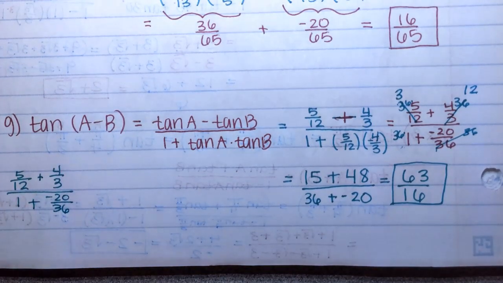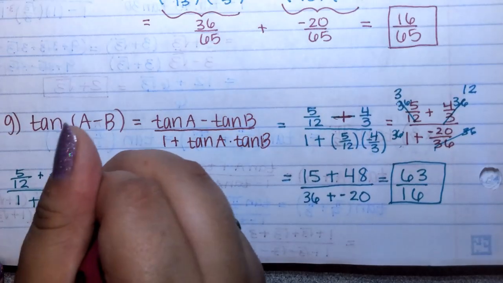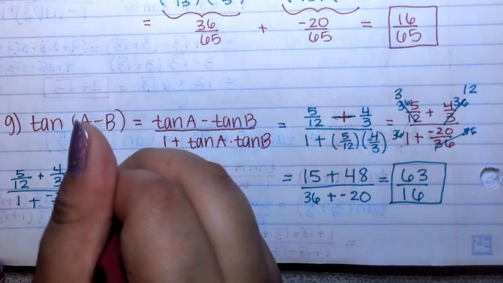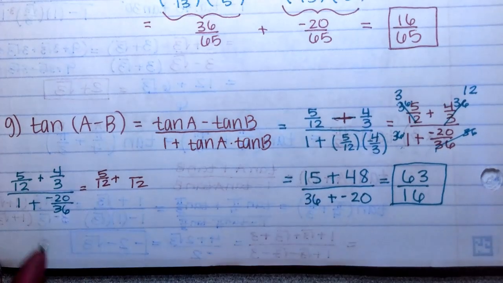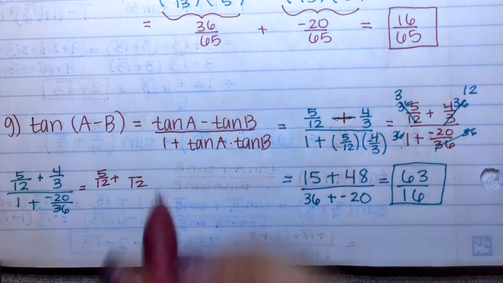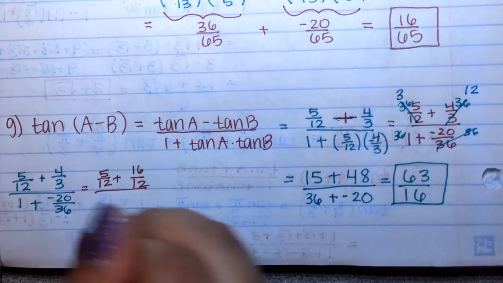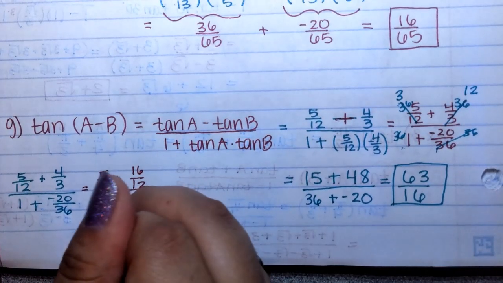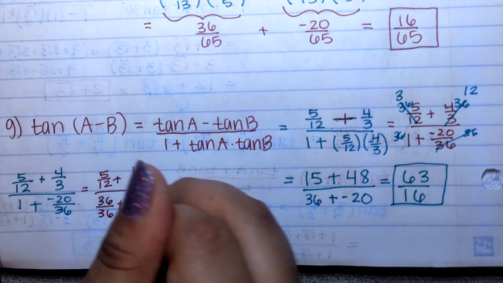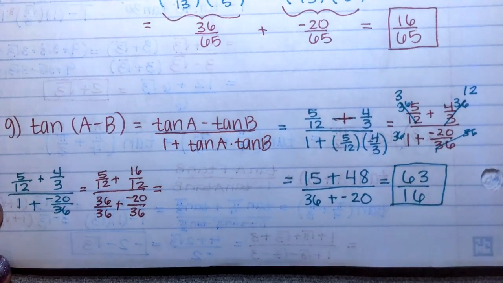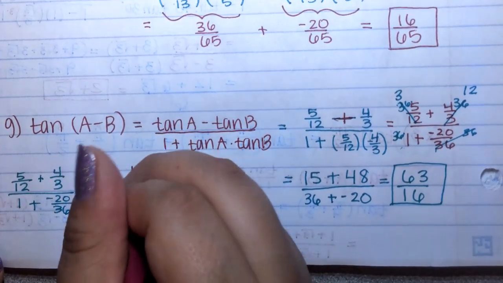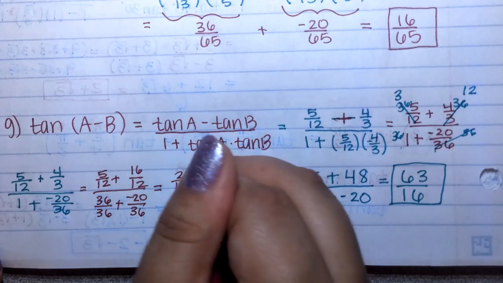So some people like to say, I'm going to turn this into 5 over 12 plus something over 12. That's times 4, so it's going to be 16 over 12. And then I'm going to turn this into 36 over 36 plus negative 20 over 36.